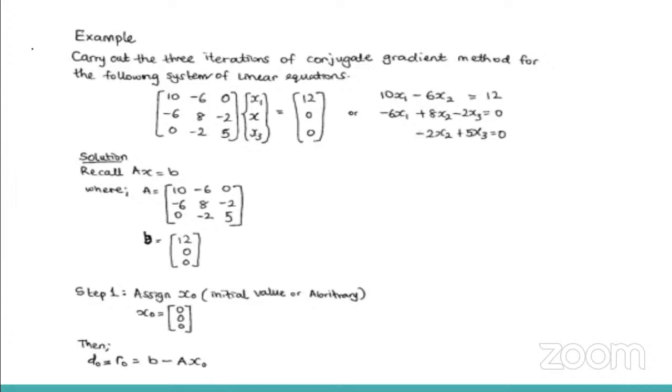It could be anything, but we are going to have a column vector. You could decide to use 1, 1, 1, or 1, 0, 0. But in most cases, you just use 0, 0, 0 to start. So you assign x naught any column vector like this.